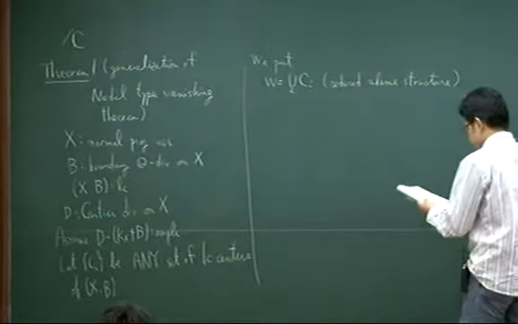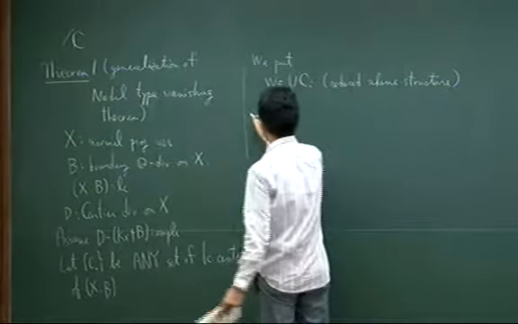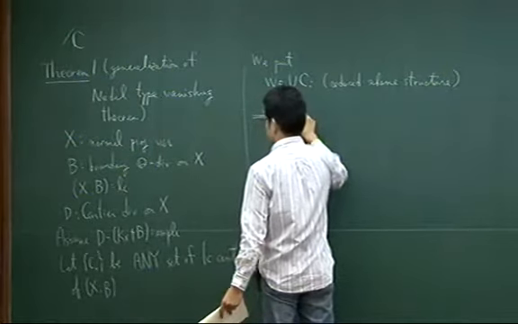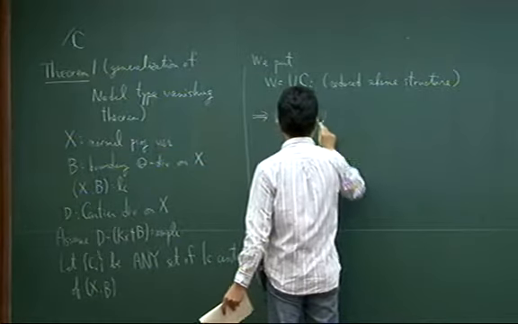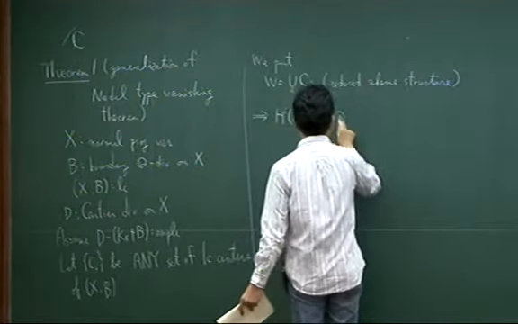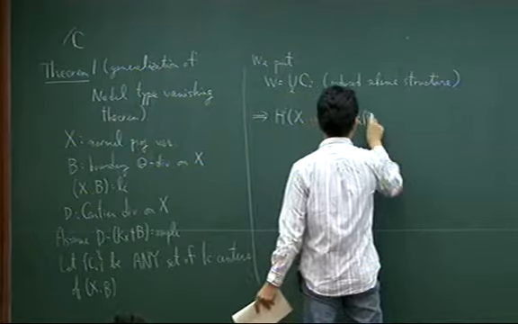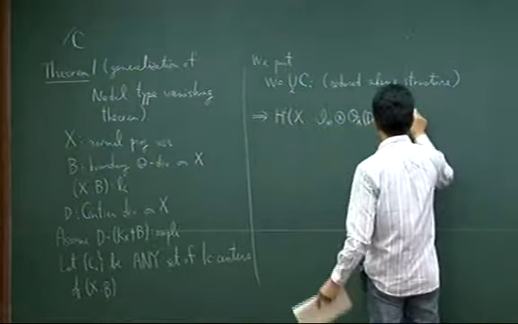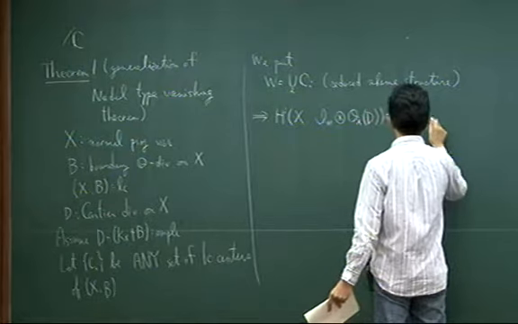Okay. In this case, higher cohomology H^i(X, I_W tensor O_X(D)) equals 0 for any positive i.